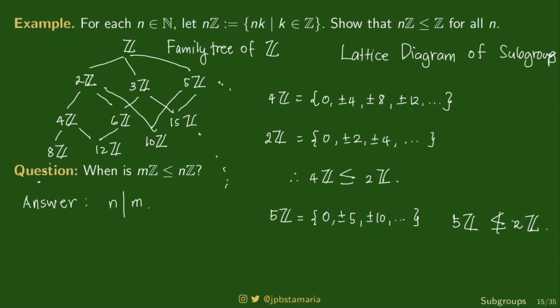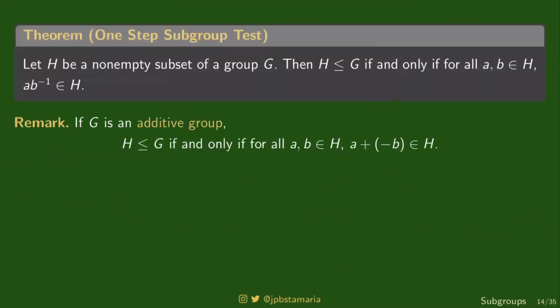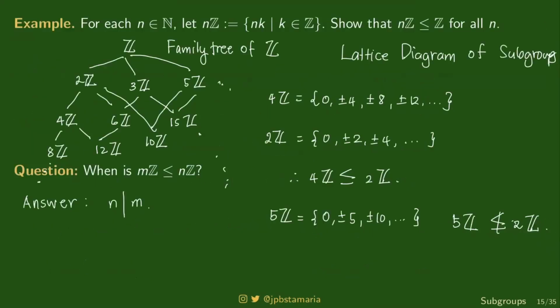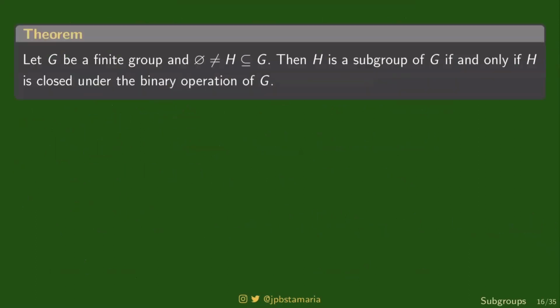Now, yung one-step subgroup test natin, kailangan yung gawin to, di ba? Isang test lang. There is an even better test, you know. Yun nga lang, yung test na ito ay nag-a-apply lamang for finite groups.